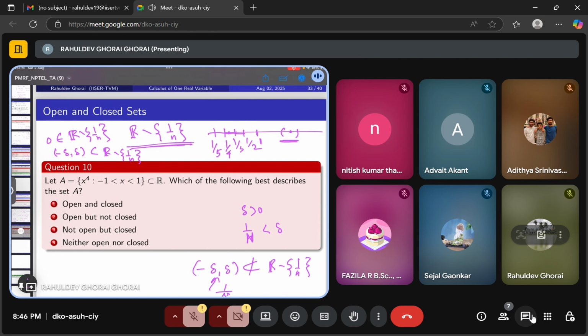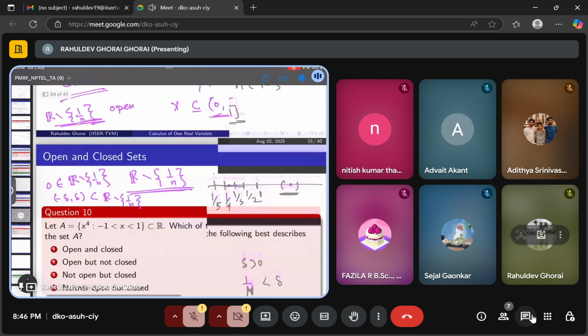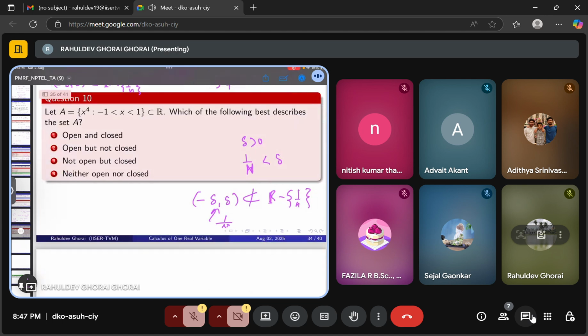Do you understand this a little bit? Yes. Right? Okay. So if you understand this, then what do we get? R minus 1 by n is not open. So 1 by n is actually not closed.